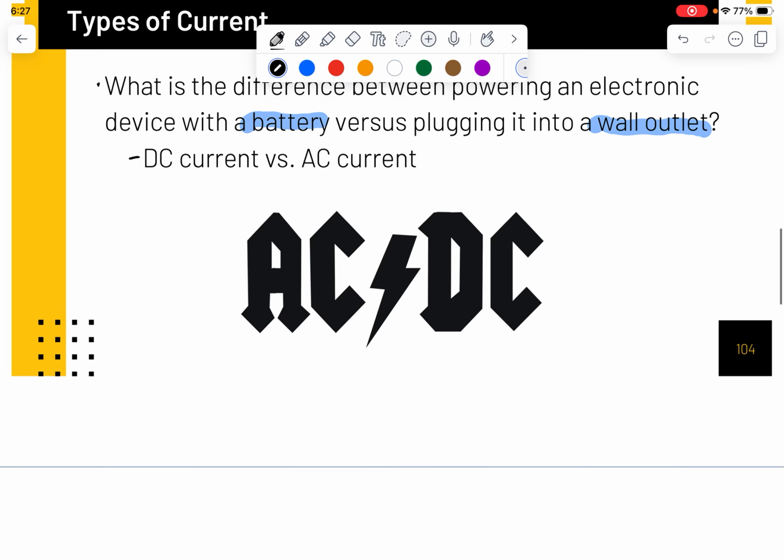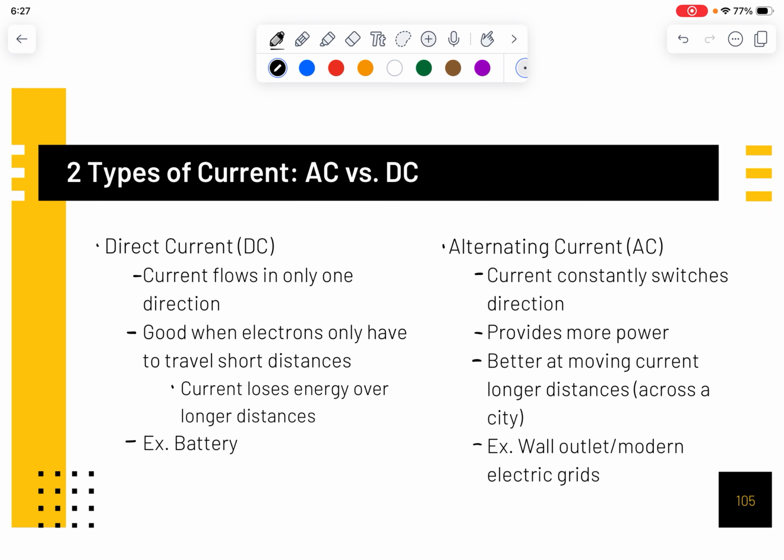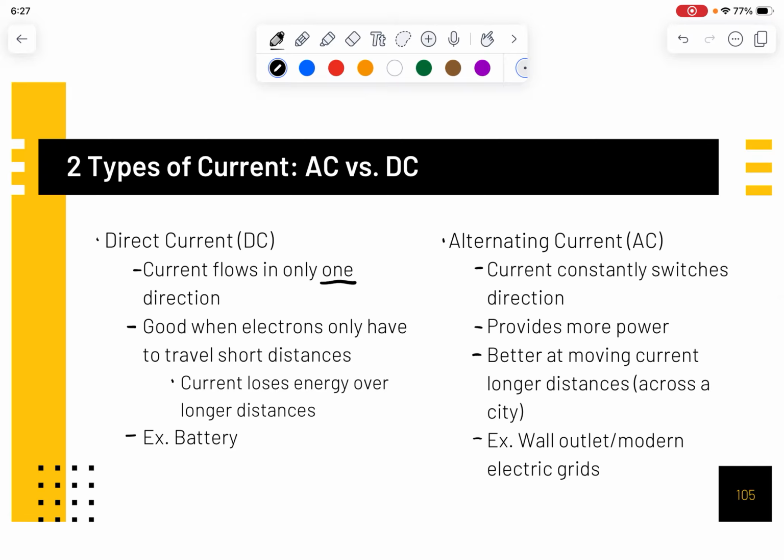So the first type of current we have is what we call direct current. The key thing with direct current is that our charge only flows in one direction. That's like what we had with the picture above of those electrons moving through the wire. All of our electrons move in the same direction as they flow through.